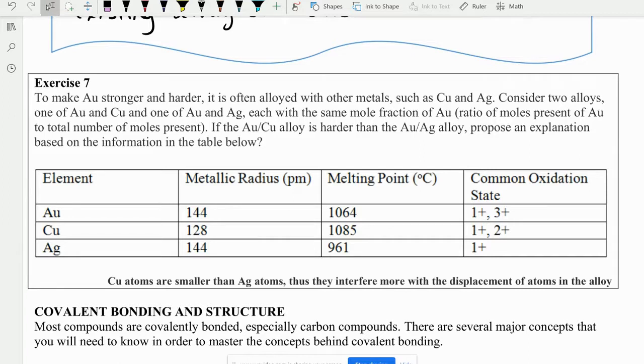If the gold copper alloy is harder than the silver gold alloy, propose an explanation based on the information in the table below. Okay, before we jump into this, I wanted to bring a note here. It was telling you about the mole fraction of gold, so the ratio of gold to everything present in that alloy.